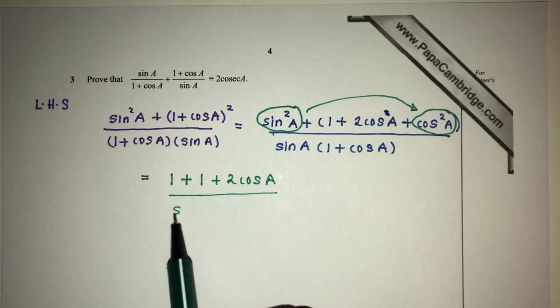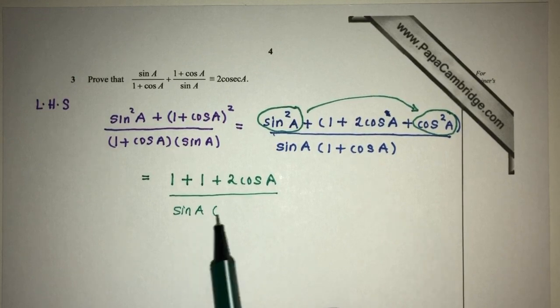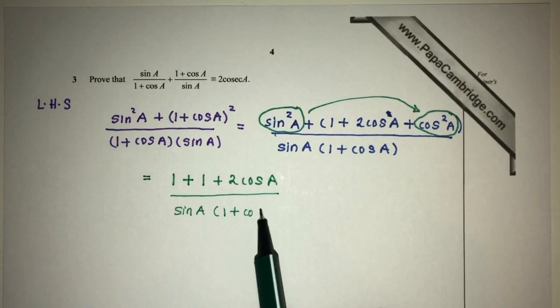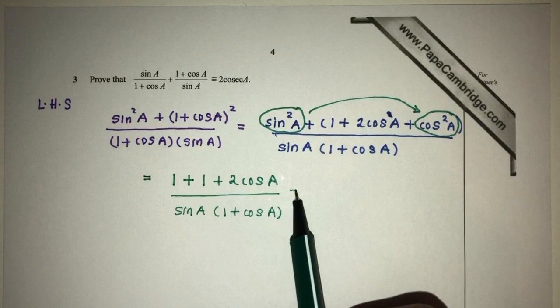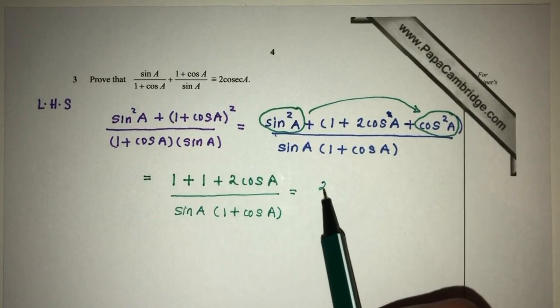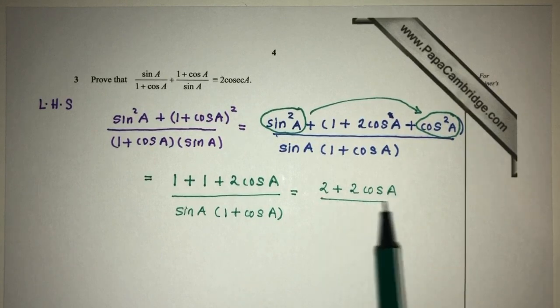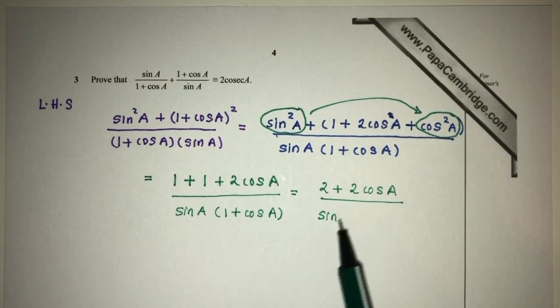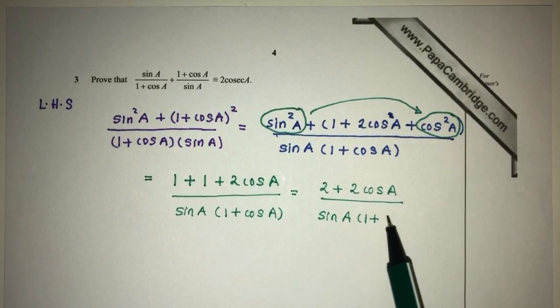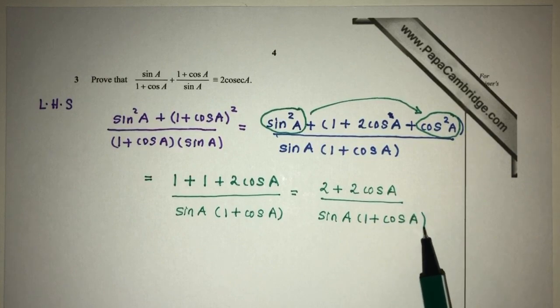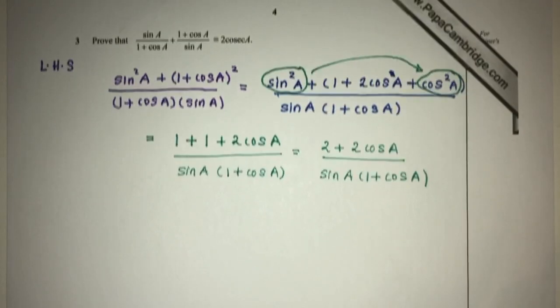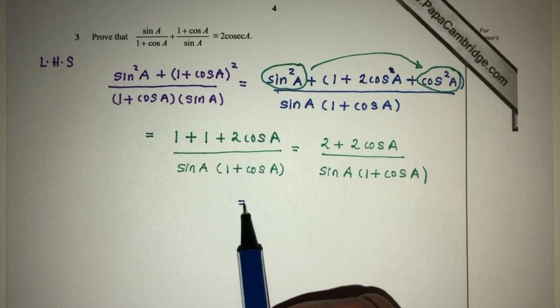If you observe, we have sin A, 1 plus cos A. Now, 1 plus 1 is 2. You have 2 plus 2 cos A over sin A, 1 plus cos A. Now, finally, we can factorize the 2 outside.